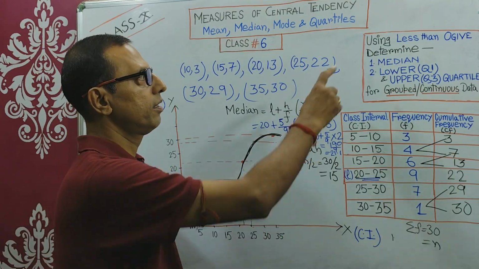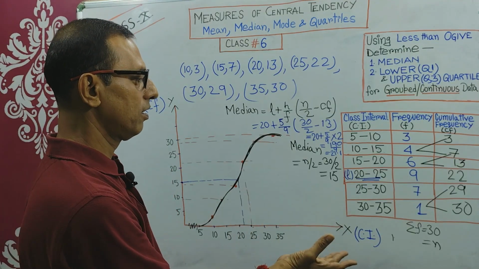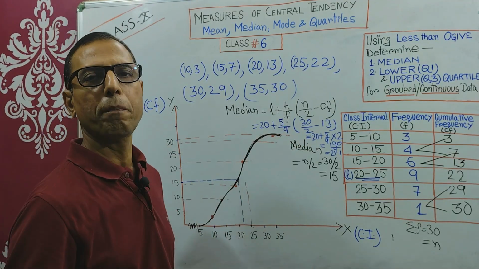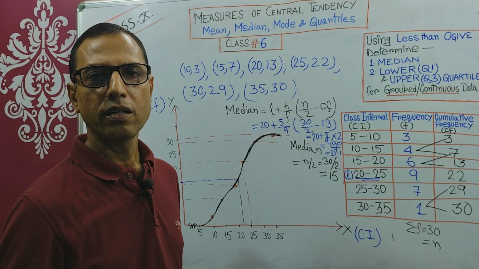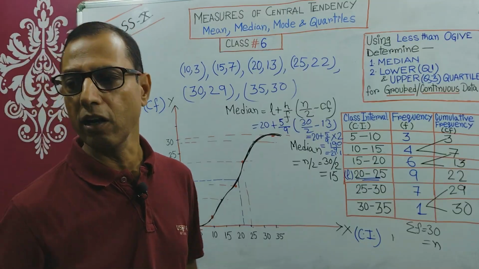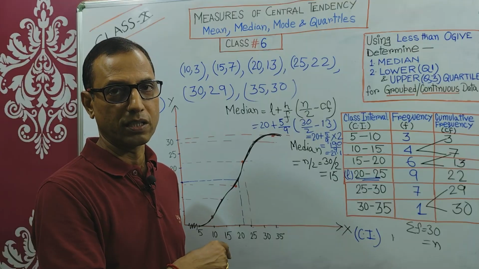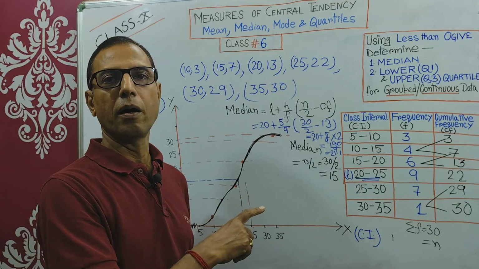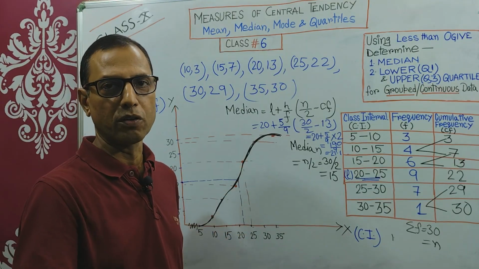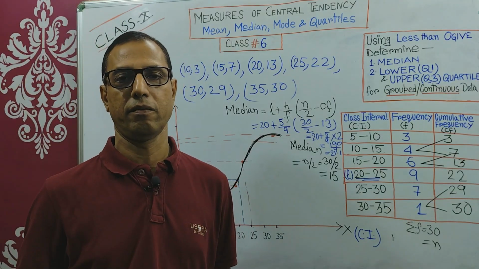Okay, so now you can also find the quartile using this less than Ogive graph. Simple. You just need to plot the respective quartile position, because for quartile also, if you look into my earlier video, the link is given in the description section below, quartile is also a type of median.